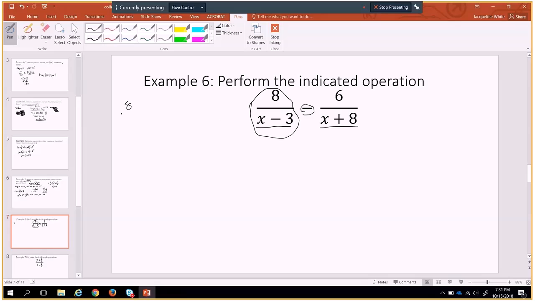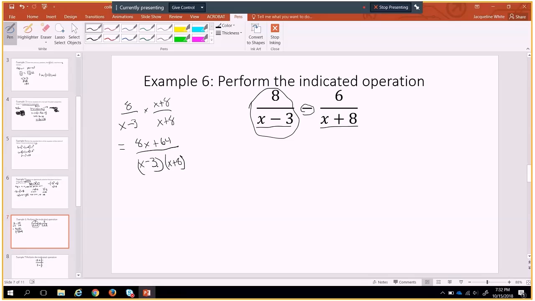So let's do that over here. 8 over x minus 3 times x plus 8 over x plus 8 is going to be equal to 8x plus 64 over x minus 3 times x plus 8.